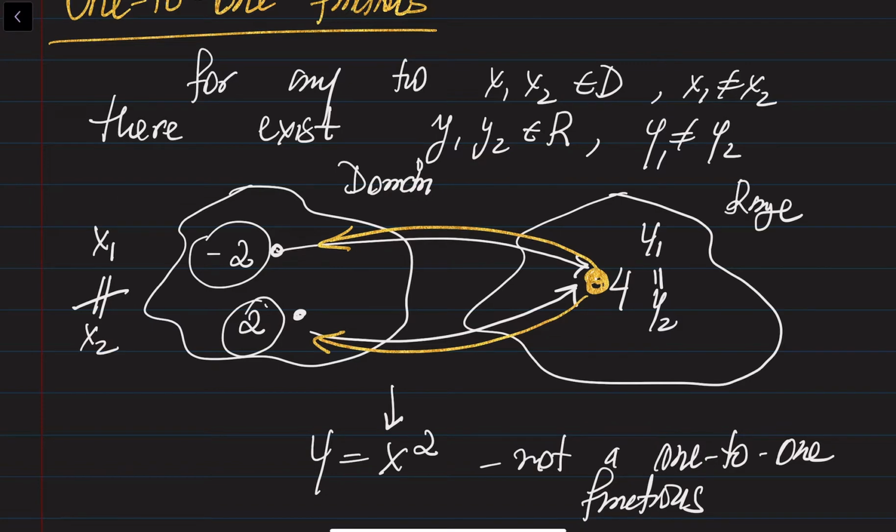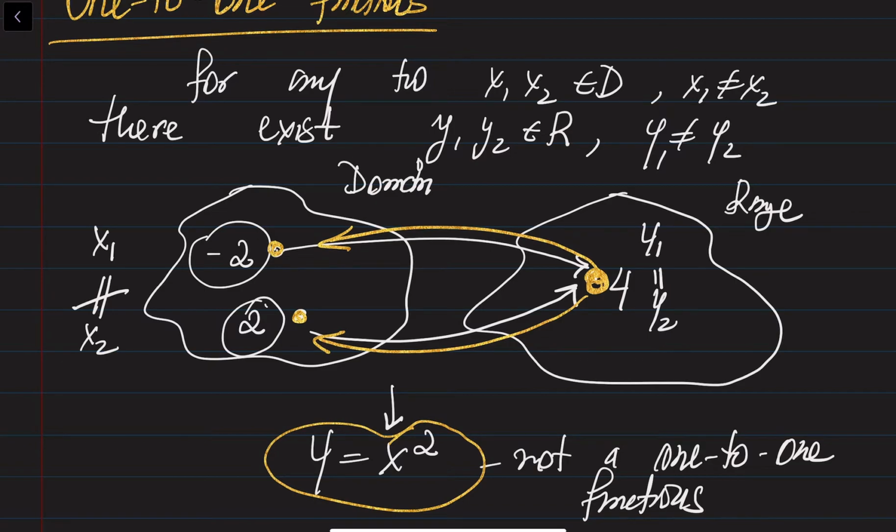So if your function is not one-to-one, two different points may refer to a single point in the range, which means you cannot come back to your origin. That is why if your function is not one-to-one, there is no inverse. So for this function, there is no inverse. Only one-to-one functions may have the inverse.